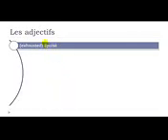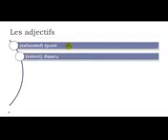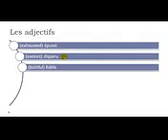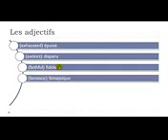Épuisé. Okay, remember, you've got two accent aigu, épuisé. Disparu. Fidèle. Final E, not pronounced, so accent grave here. L, fidèle.